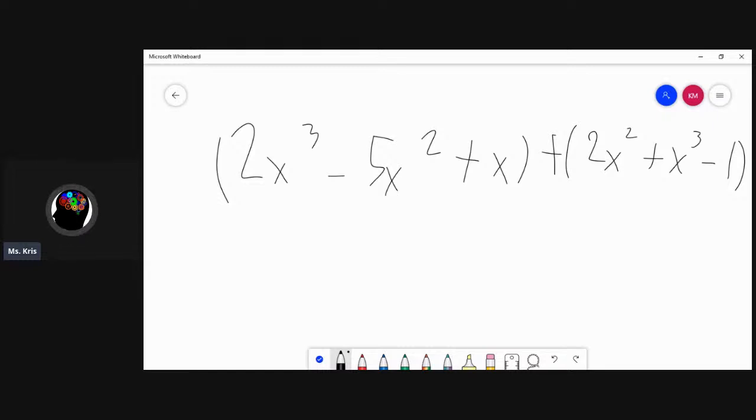So now, how do I combine like terms? Well, what terms are alike? I have a 2x to the third and I have an x to the third. Both of them are positive and I'm adding, therefore 2x to the third plus x to the third gives me 3x to the third.